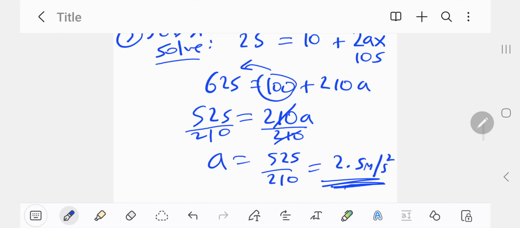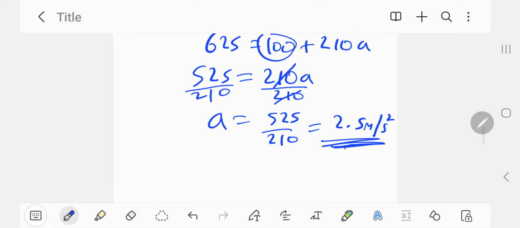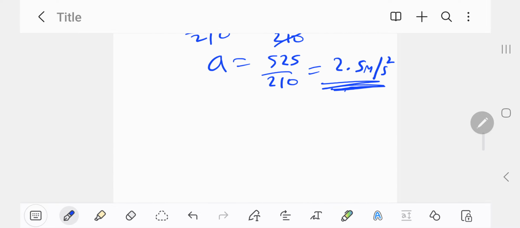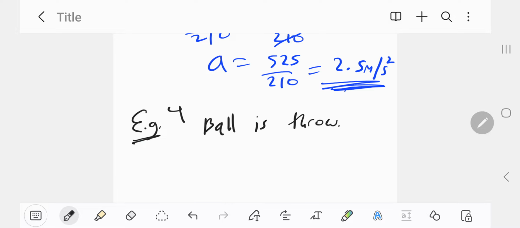So hopefully this is making sense. Just a simple recipe, knowing what to use. I will do one more in this video. Example 4. A ball is thrown upward at 15 meters per second.